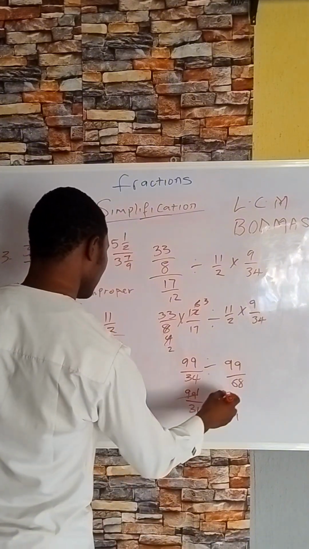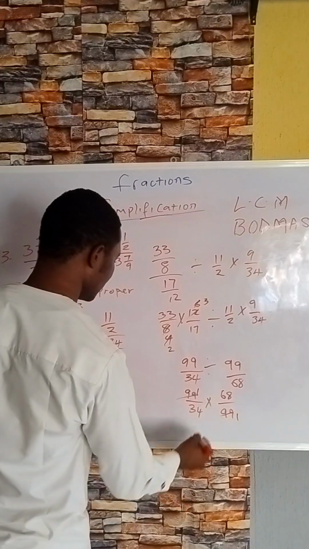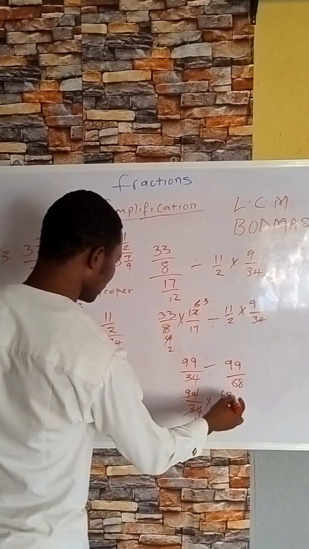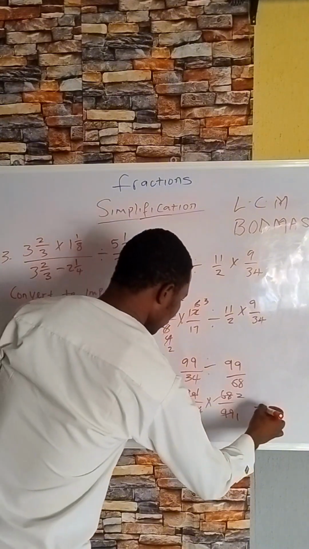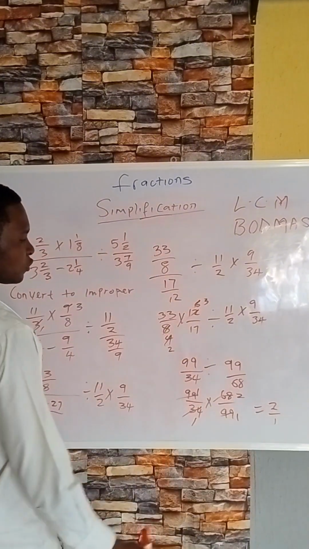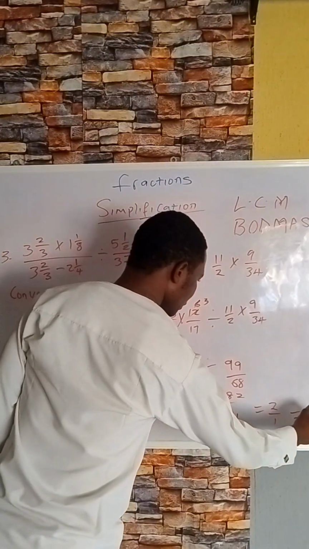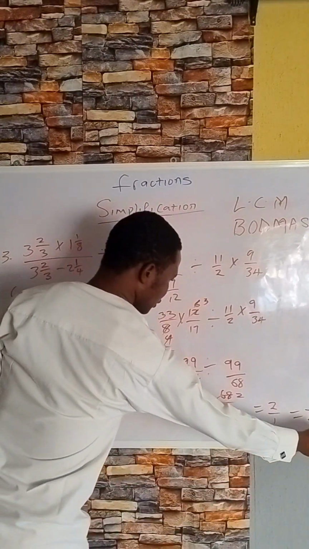So 34 can actually go in 68. 34 here will give us 1, and 34 here will give us 2. So this will be equal to 2 over 1, which simply means 2. So the final answer for this is 2.